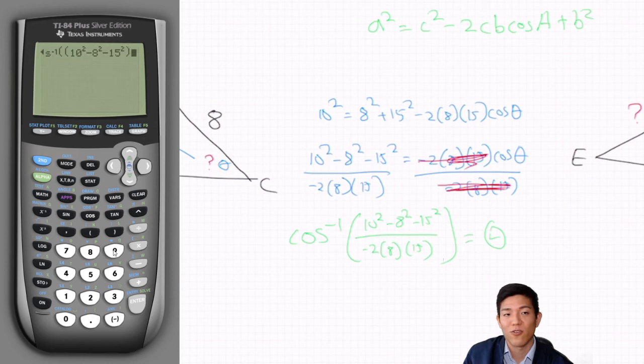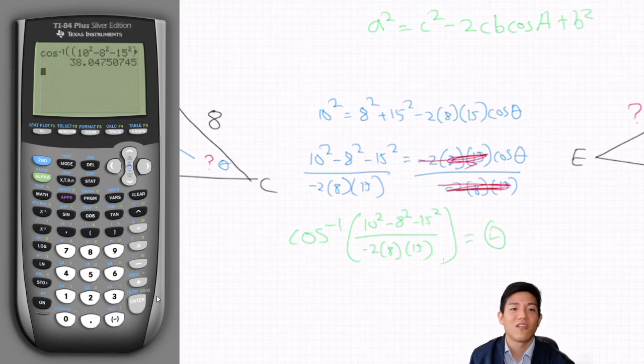Close the parenthesis for the numerator, and that is over, division sign, another parenthesis, negative 2 times 8 times 15, close the parenthesis, and one more for the inverse cosine, press enter.